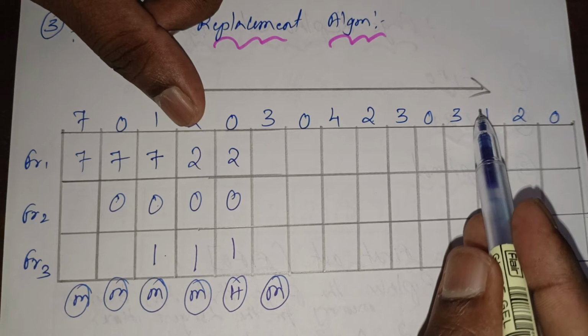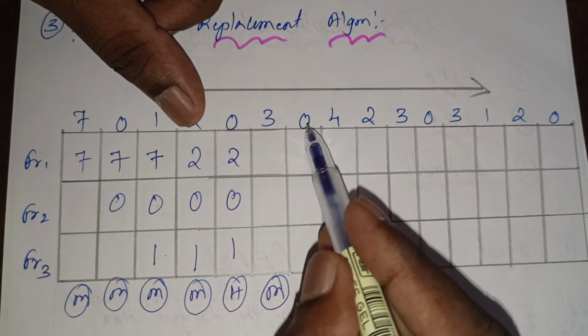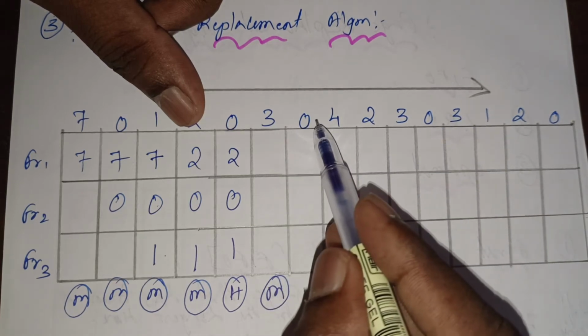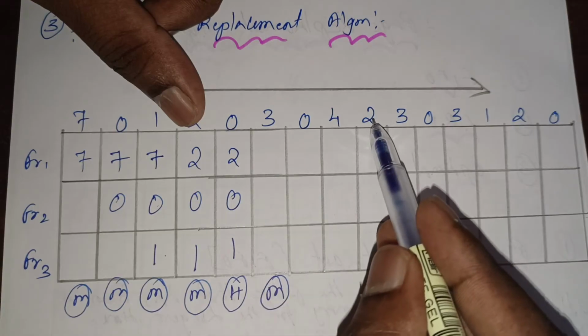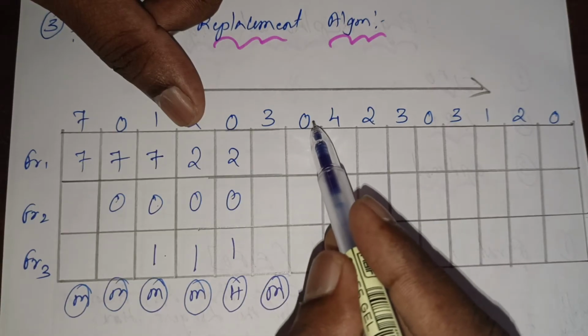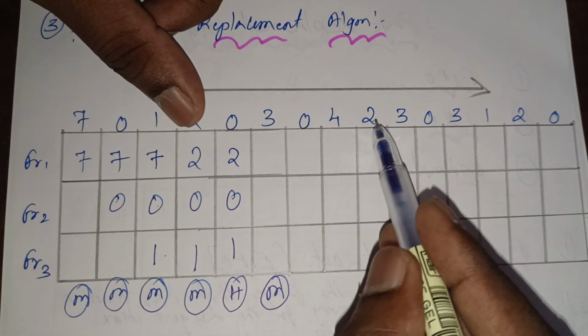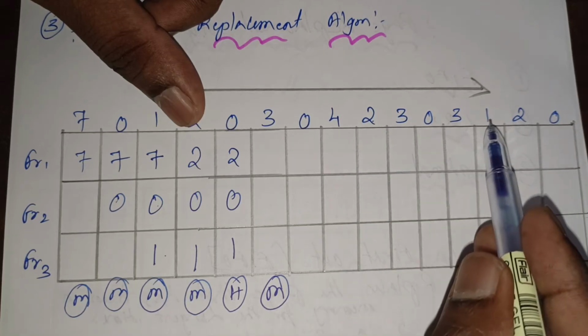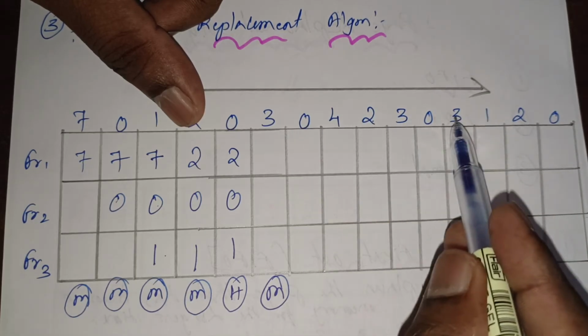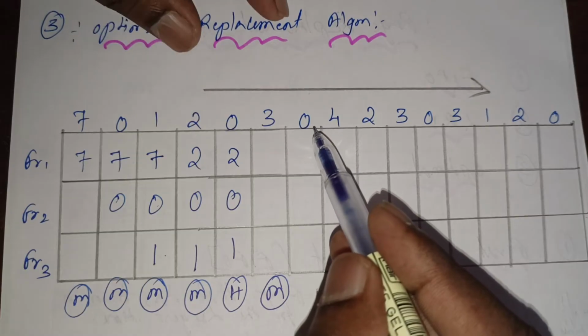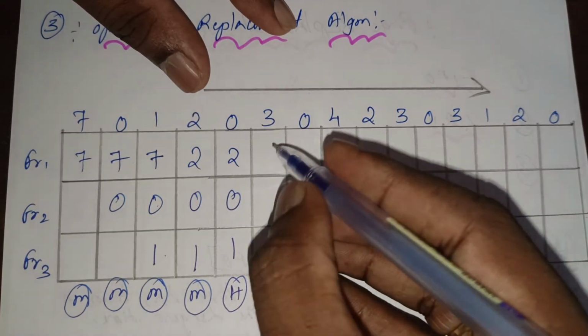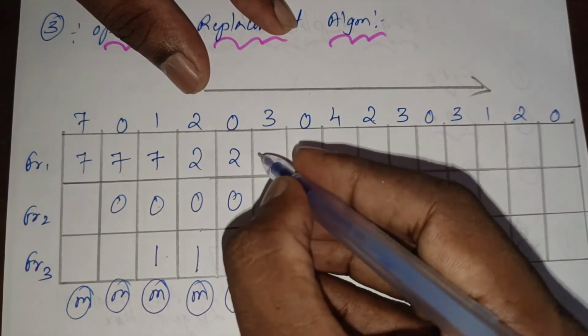So the next priority is given to 0, and 0 is used right after this 3, and 2 is used later. So compared to 0 and 2, 1 is not used soon in the future. I hope you understood, right? So I'm going to replace this 1 with 3.